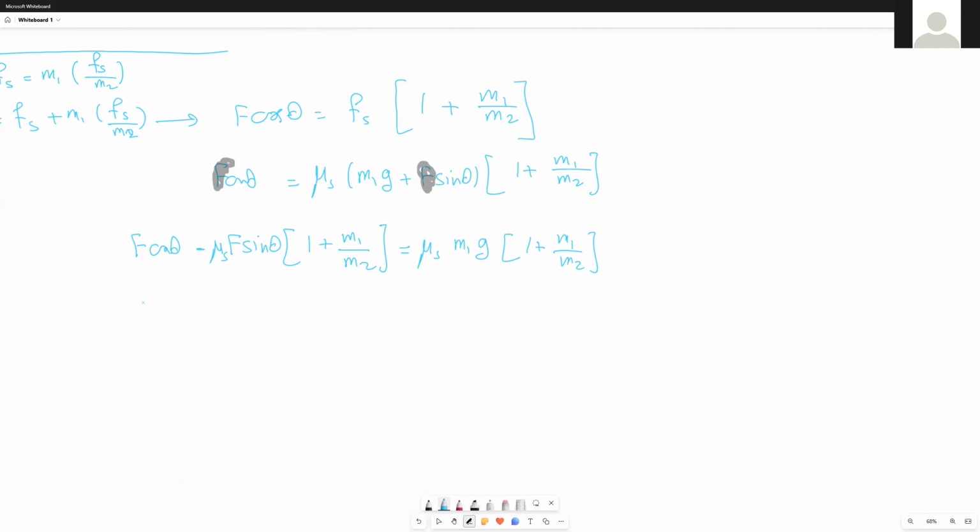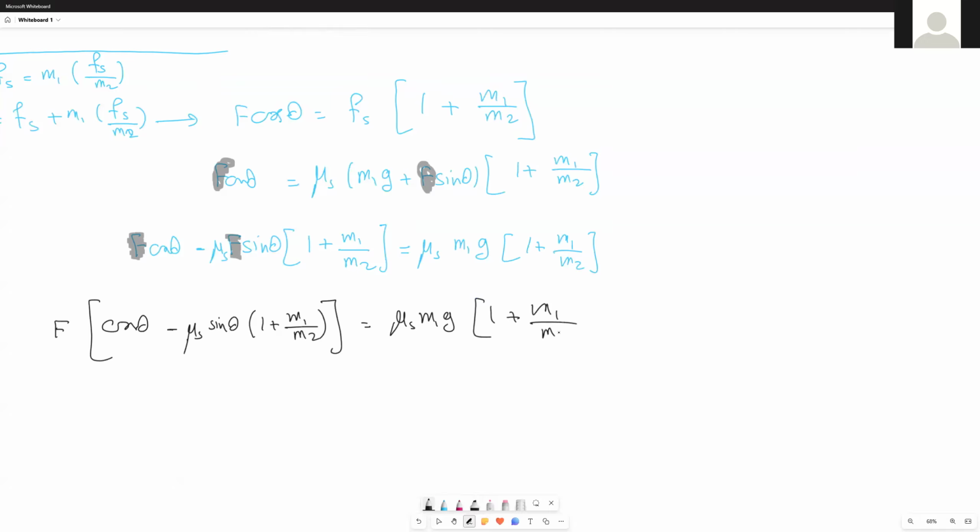Okay, what I would do, I would factor out F here. That's going to give me F multiplied by cos theta minus mu s sine theta, multiplied by 1 plus m1 divided by m2, equal to mu s m1g multiplied by 1 plus m1 divided by m2.